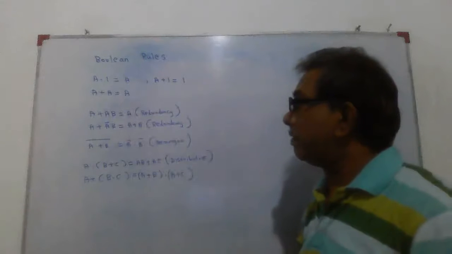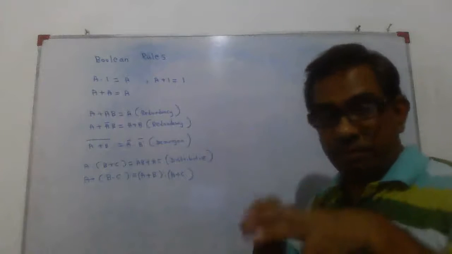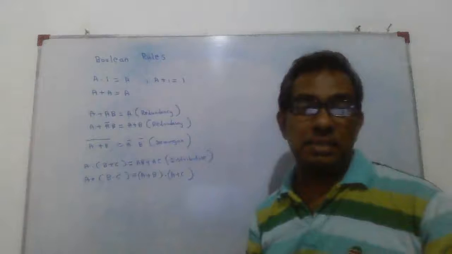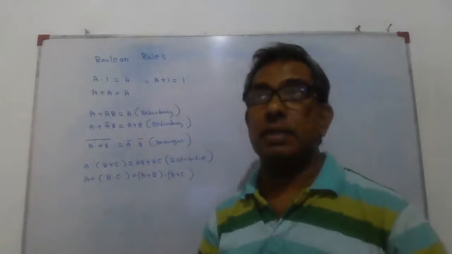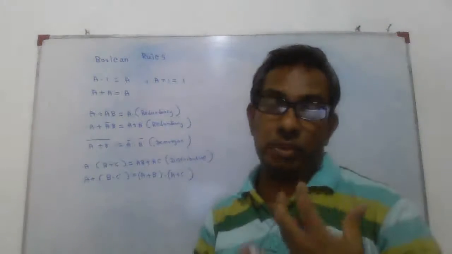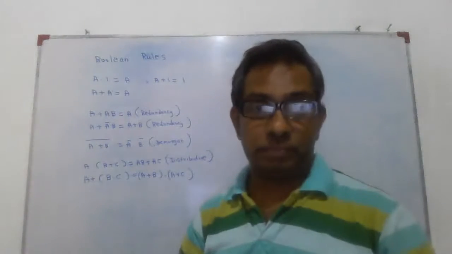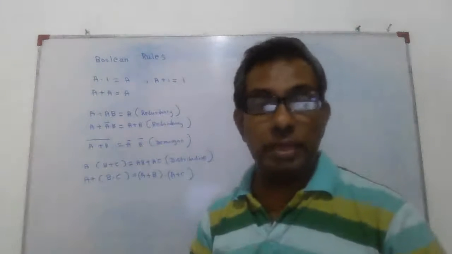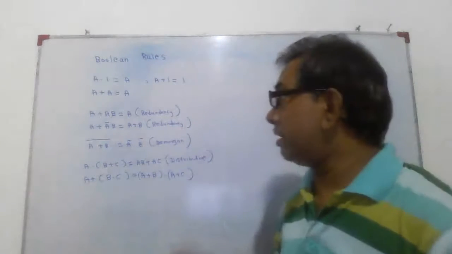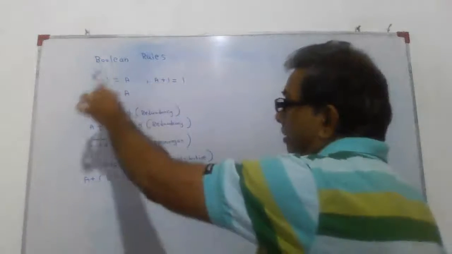A or A equal A. I have reduced the number of laws because the difficult thing is actually selecting those laws for a Boolean expression. So that's why I have taken a few of them here.